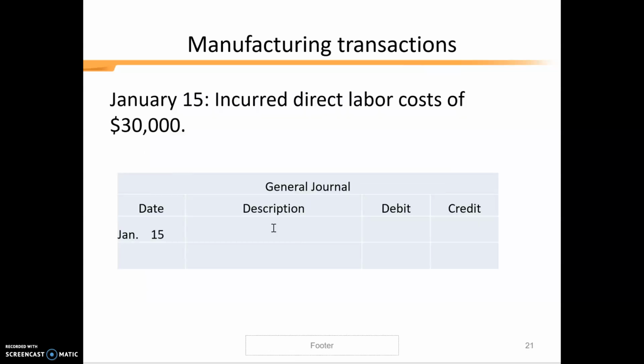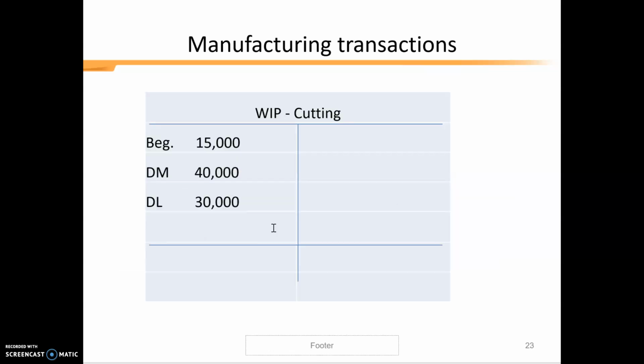Next transaction, we incur direct labor costs of 30,000. So now we're starting to work on cutting the wood. Now the wood was brought in the last transaction. Now we had workers cutting the wood. So we debit work in process cutting, credit wages payable. And we can see the work in process cutting T was debited.